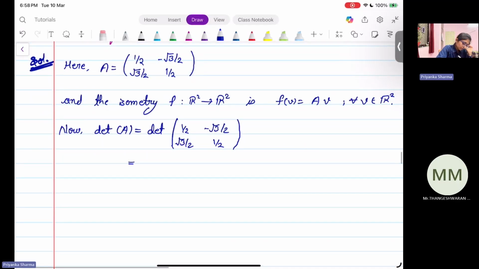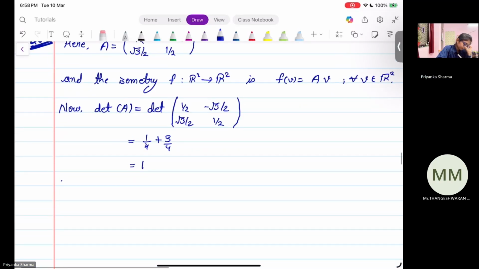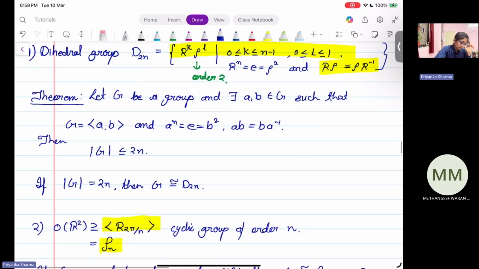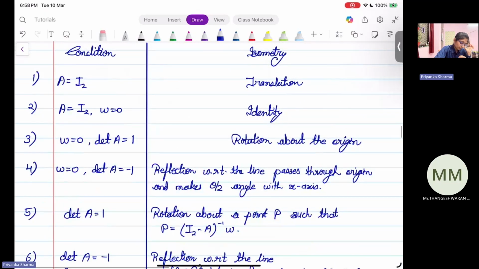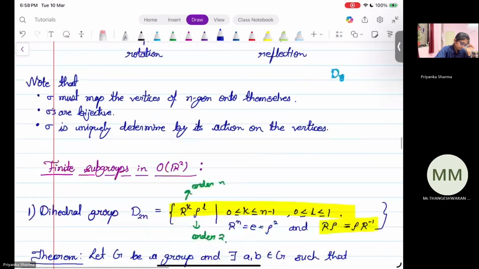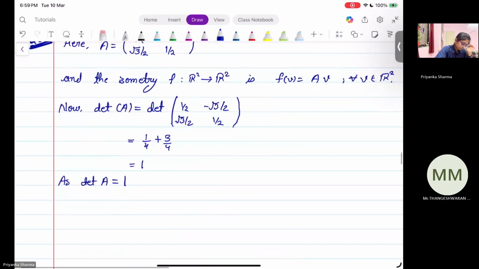So this is actually 1/4 plus 3/4, that is 1. As the determinant of A is 1, this will represent a rotation. Then the isometry is a rotation.